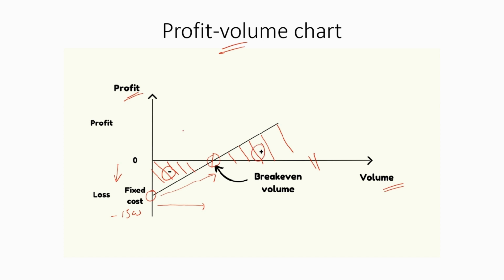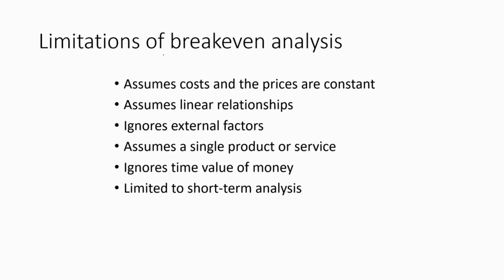You have to have a good understanding of this profit volume chart as well. When there is no profit and no loss, the break-even point can be identified, which is here. If we consider the earlier example, this will be 375 units.